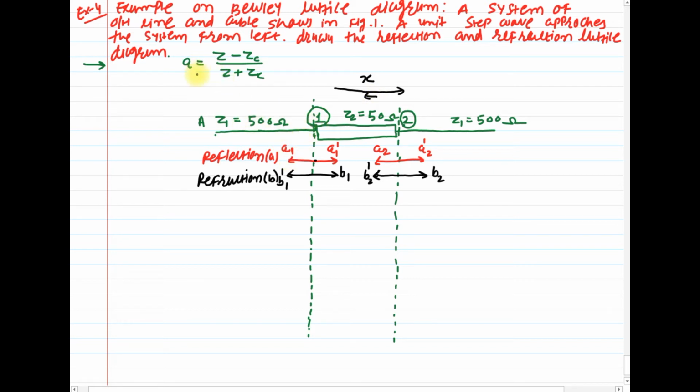That's why here I will consider A1 is equal to A2. Clear? Which shows the actual reflection in the negative direction of x.